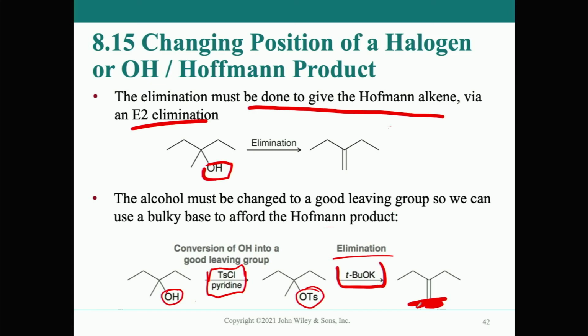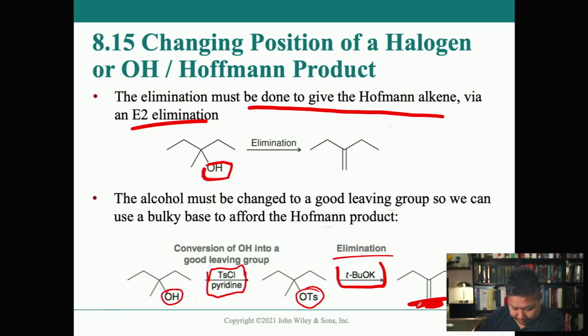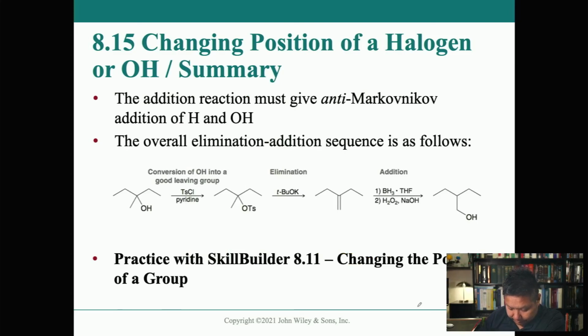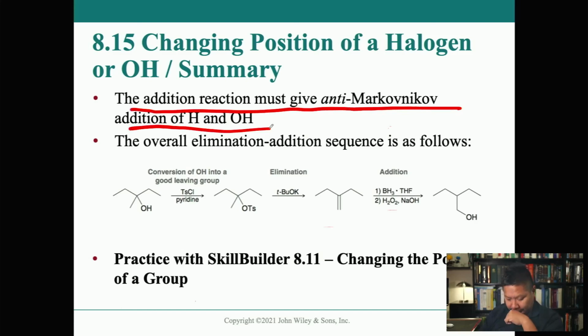So the next thing after that is we can do a hydration reaction. In this case, we want an addition reaction that will give anti-Markovnikov addition of H and OH. And if you recall, back in the first lecture of this chapter, we did that by using the hydroboration oxidation reaction, which is this right here.